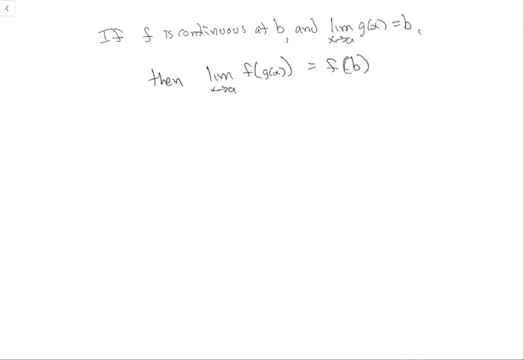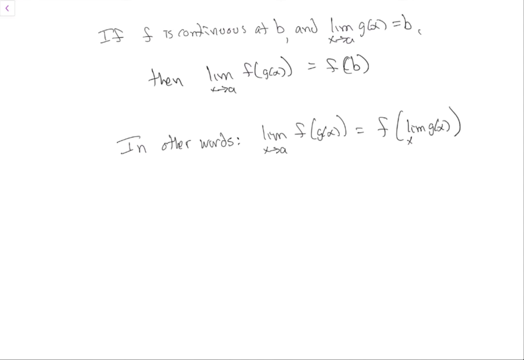And what we really want to do here is state this in terms of a property of limits. So what we in essence just wrote was that when we have a composition of two functions, we can move the limit process inside the function f.